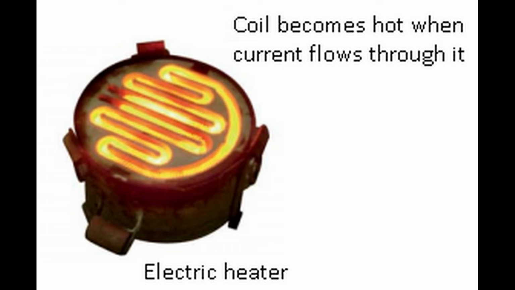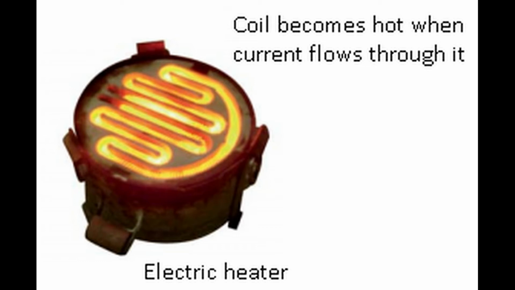After the bulb glows for a few minutes, if we turn off the switch and touch the bulb, it will be very hot, right? That is the heat effect of electric current. So you might have seen an electric room heater or an electric heater which is used for cooking. All these contain a coil.